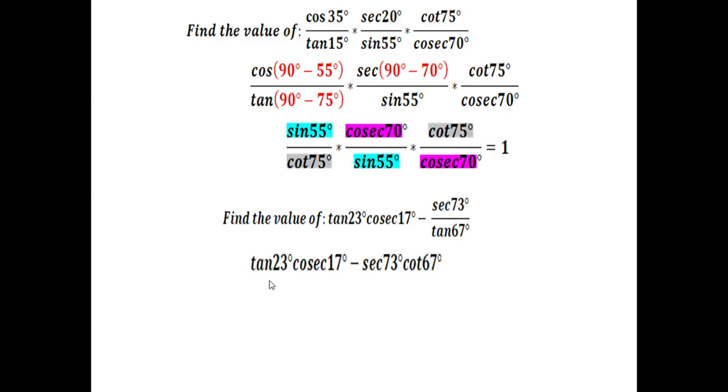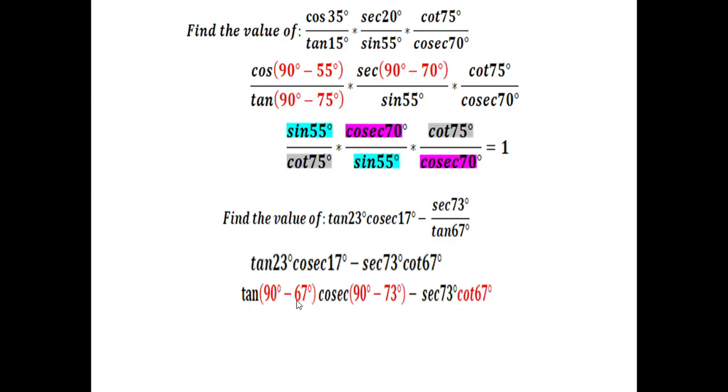Now we can find that all the complementary angles are there. 23 degree, 67 degree, their sum is 90 degree. 17 degree, 73 degree, their sum is again 90 degree. So we shall change this 23 degree as 90 minus 67 and cosec 17 degree as cosec of 90 minus 73. And here cot 67 we have already changed, so we are not writing it in terms of 90.